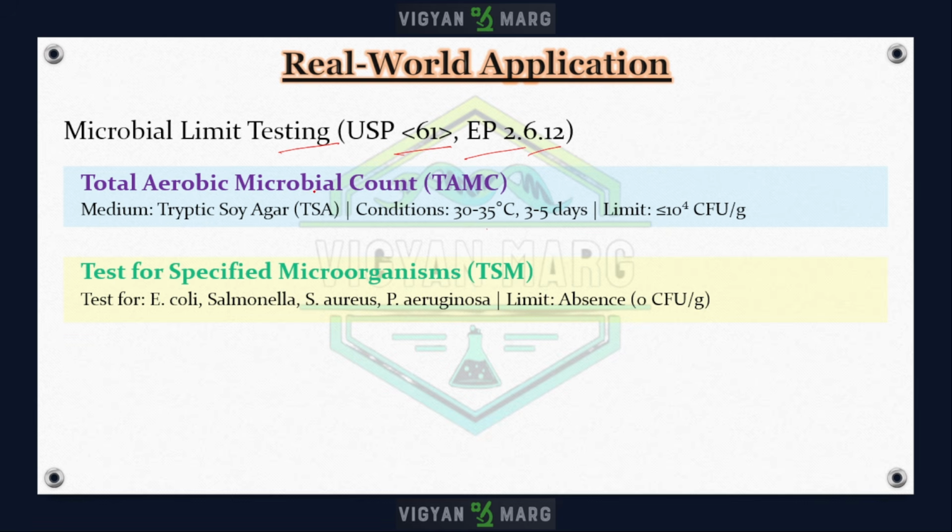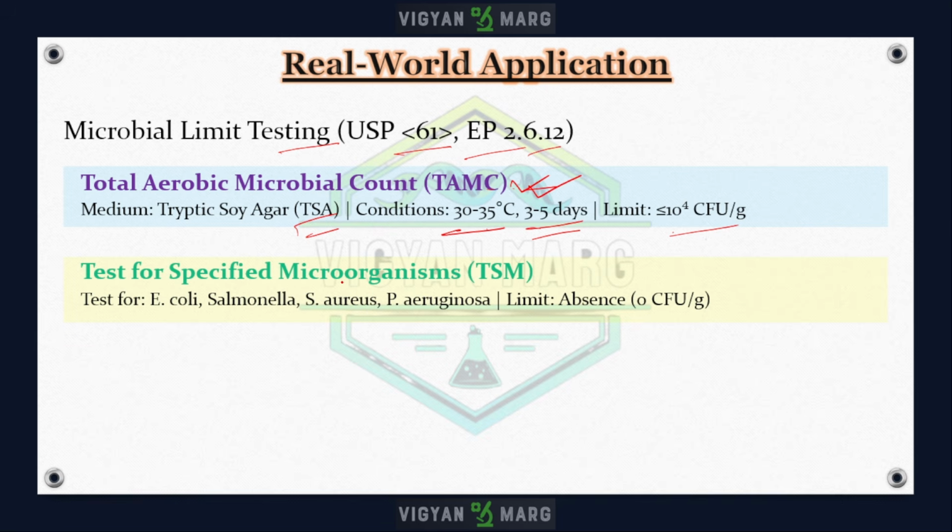This is the total aerobic microbial count, TAMC, which uses a general purpose medium like tryptic soya agar, TSA, incubated at 30 to 35 degrees centigrade for 3 to 5 days, with a limit such as less than or equal to 10 to the 4 CFU per gram of product, depending on the formulation.